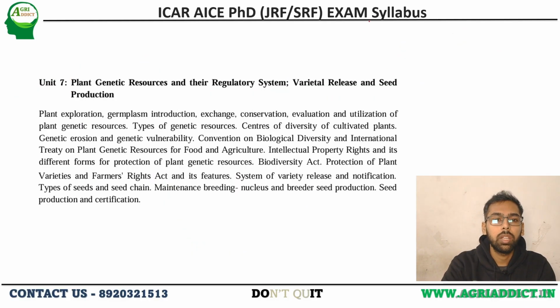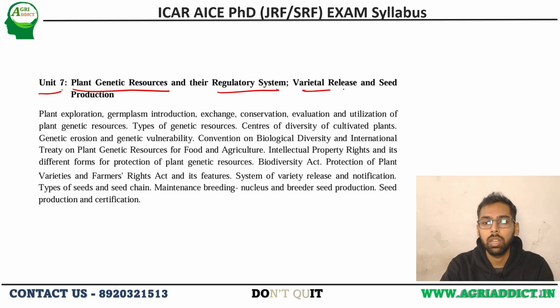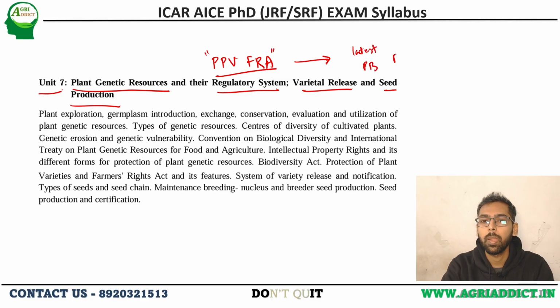And then coming to unit 7. Unit 7 comprises plant genetic resources and their regulatory system, varietal release, and then seed production. To be very crisp, the heart of this unit is your PPV FRA. Regarding this, there is good information in the latest edition of Plant Breeding by B.D. Singh, and you can also refer to the PPV FRA short note manual.